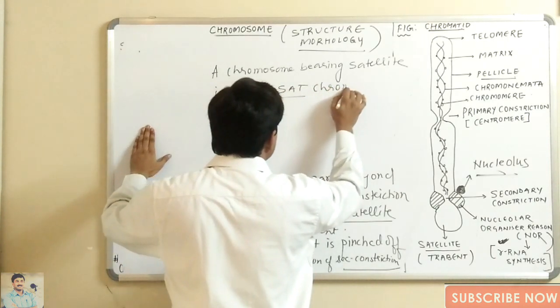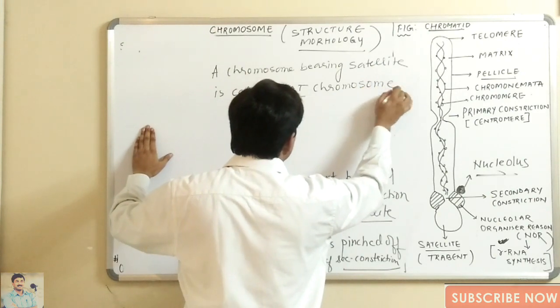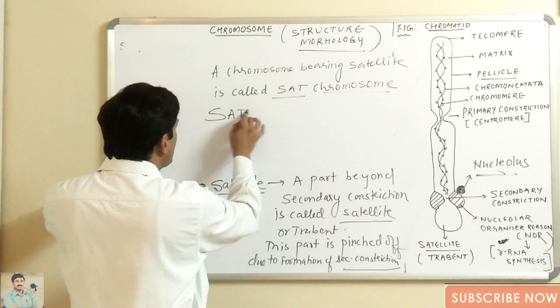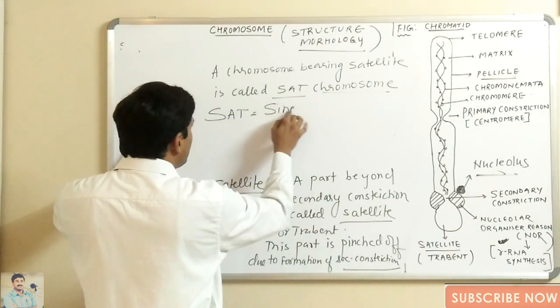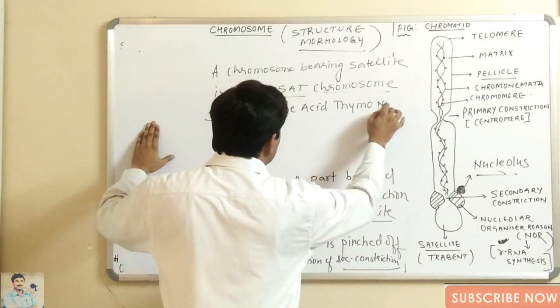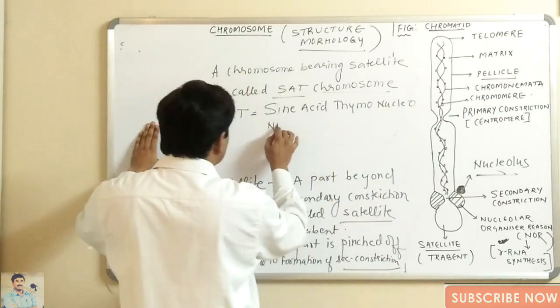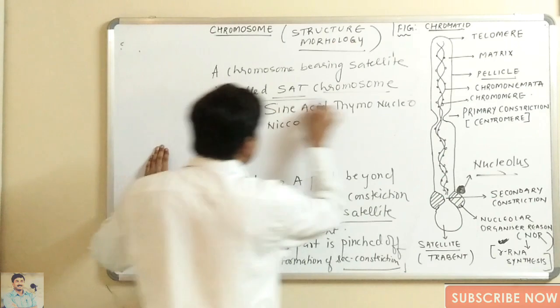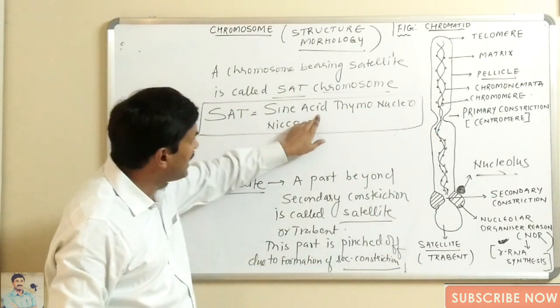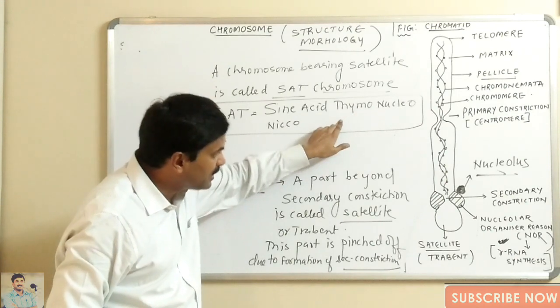A chromosome bearing satellite is called as what? SAT chromosome. Now, what is the full form of SAT? What do you mean by SAT? So, Sine, Acid, Thymo, Nucleo, Nico. Okay, this is the full form of the SAT chromosome, right? Sine, Acid, Thymo, Nucleo, Nico.